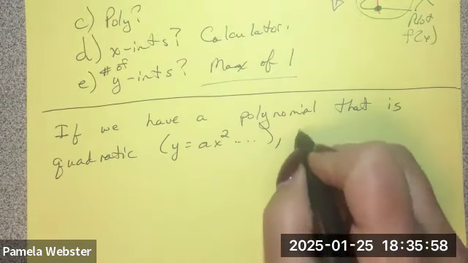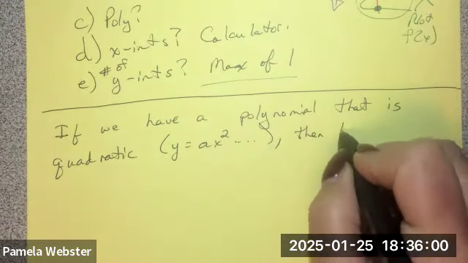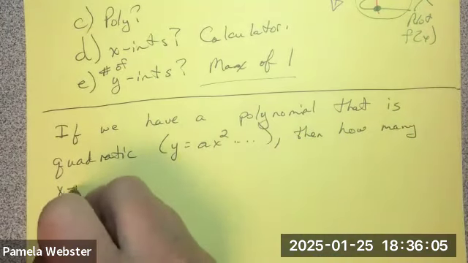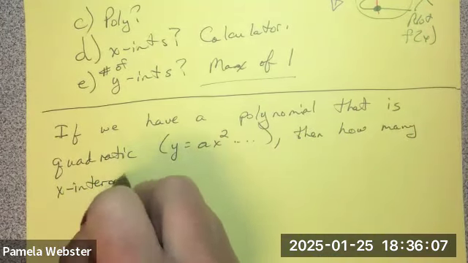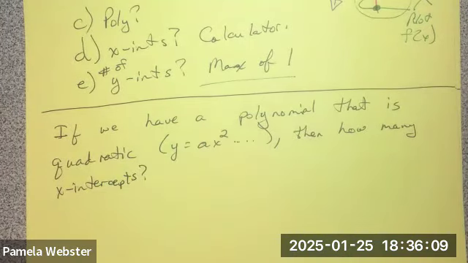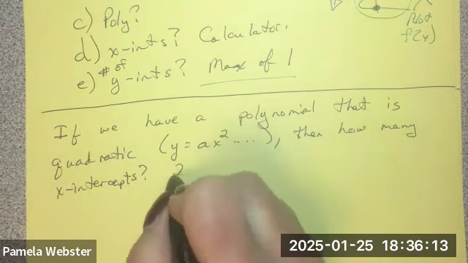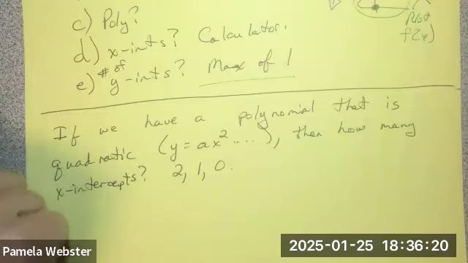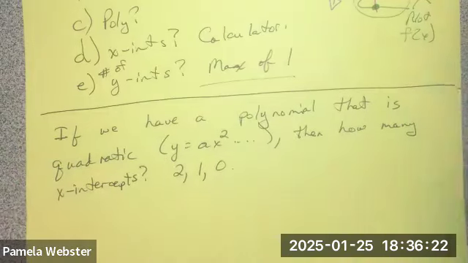Okay, then how many x-intercepts? And I told you we'd talk about this a little bit later. Okay, and now's the time. So there's either 2, 1, or 0. And the reason for that, I'm going to give you examples of all 3 of them.